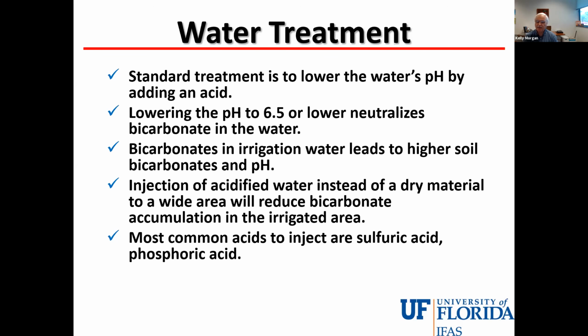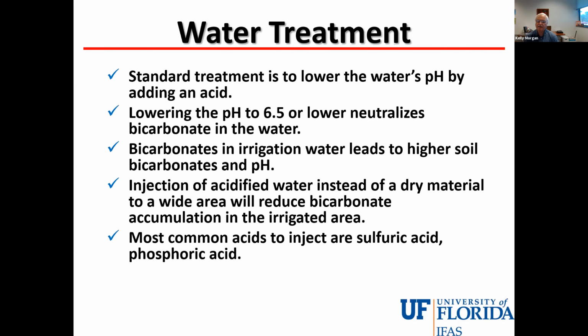But typically our pHs in citrus groves are high enough, in the upper 6s to low 7 range, that it neutralizes the acidity of the water and brings that water down to that 6.5 level as it goes through the soil.